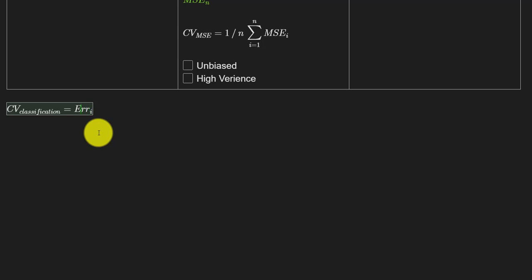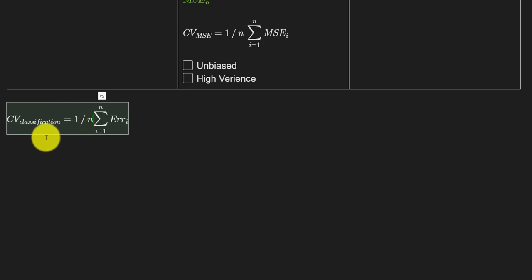And if I sum them up, let's say i equals 1 to n, because if I talk about LOOCV, there will be n groups over there, right? And if I take an average, that means 1 over n, right? So this will be the MSE value of the classification.